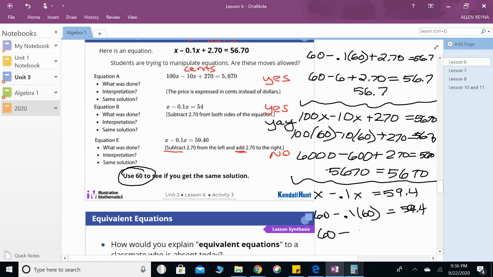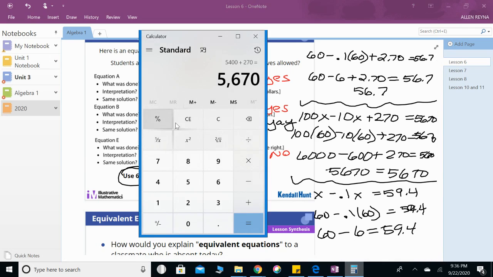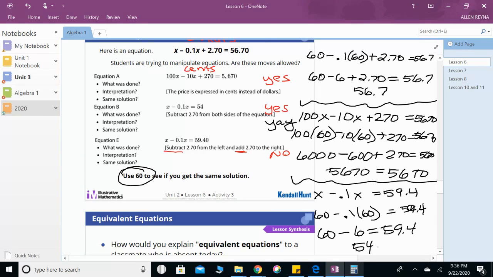This is 60 minus 6 equals 59.4. I can already tell that's not going to work, but let's check. 60 minus 6 equals, ooh, yeah, those are not equal. 54 does not equal 59.4. So no, that is not allowed.